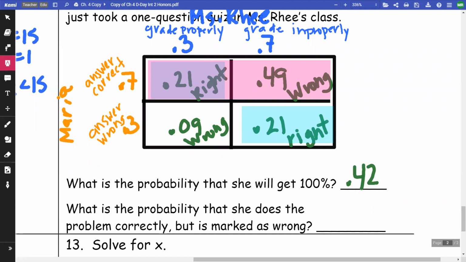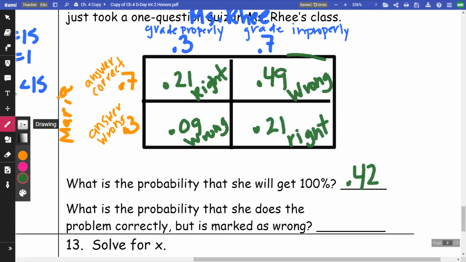So again, if we're looking at this, just get rid of all of these so we can focus. So that she does it correctly and is marked wrong is 0.49 chance.